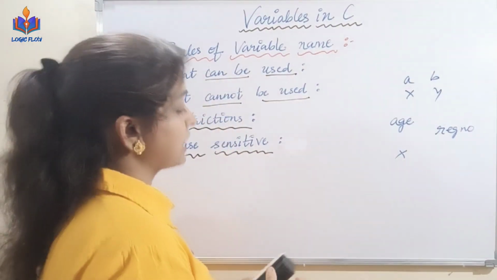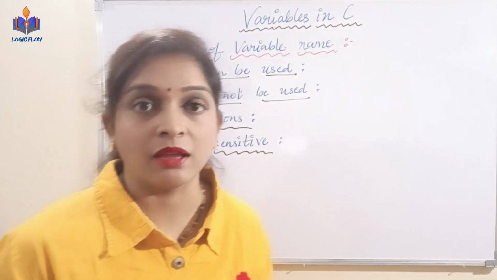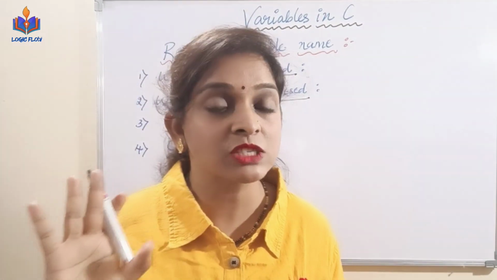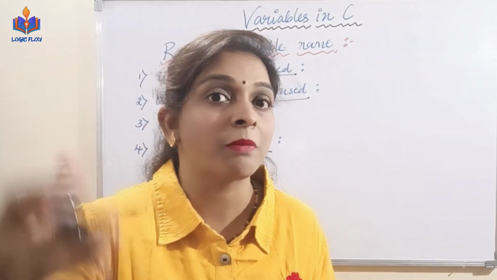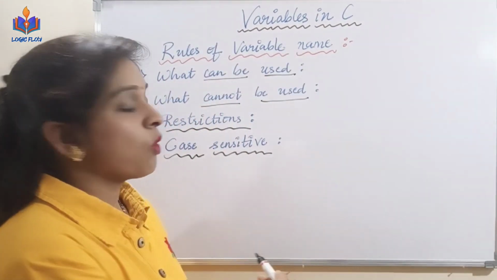The first rule says what can be used to have the variable name. The first thing we should remember is that we have to have a variable name that is going to suit the data that I'm going to accept. According to that, I'll have the variable name, and we need to follow all these rules.